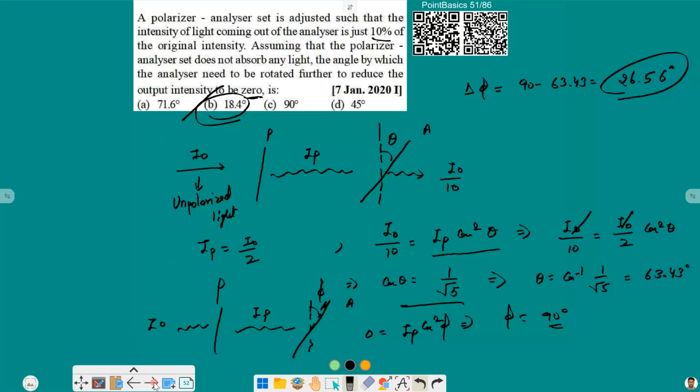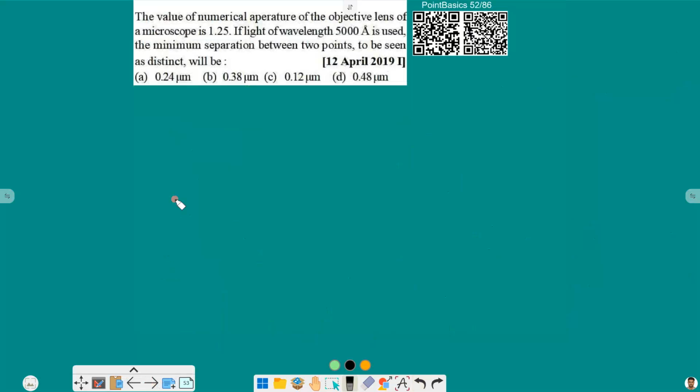Now let's move ahead. The value of the numerical aperture of the objective lens of a microscope is 1.25. If light of wavelength 5000 angstrom is used, the minimum separation between 2 points to be seen as distinct will be?